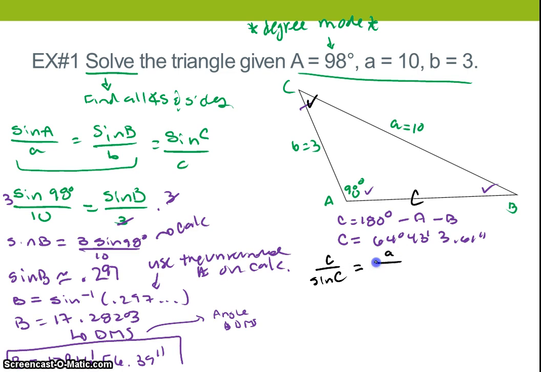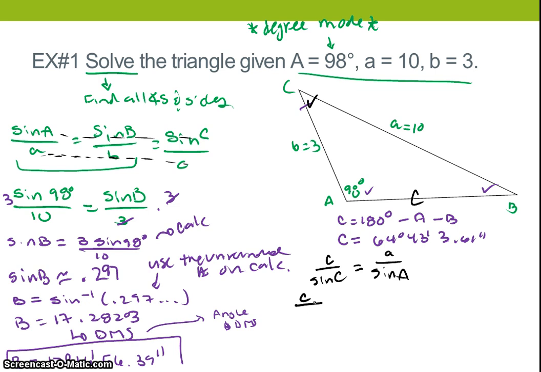Now when you use your proportions, you need to make sure you keep your sides all on the same level, either all of them on the top or all of them on the bottom, and the angles all need to be on the top or all need to be on the bottom. So it's fine to flip it just as long as you flip both of them.